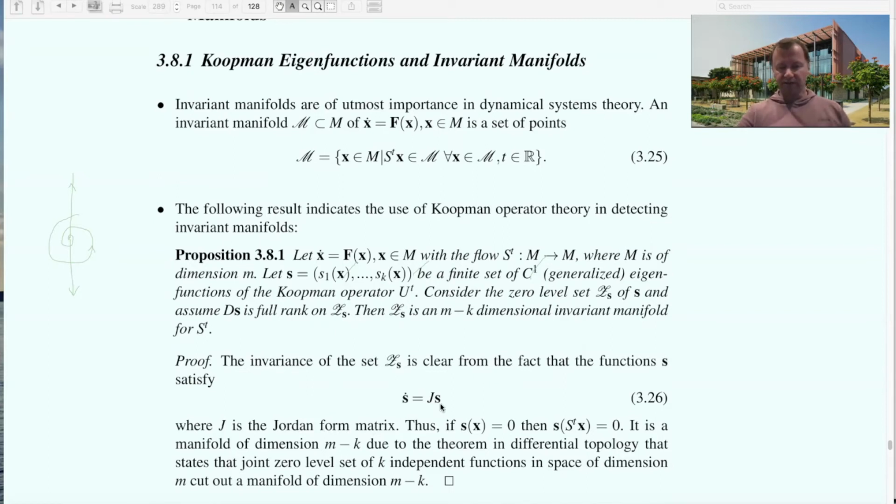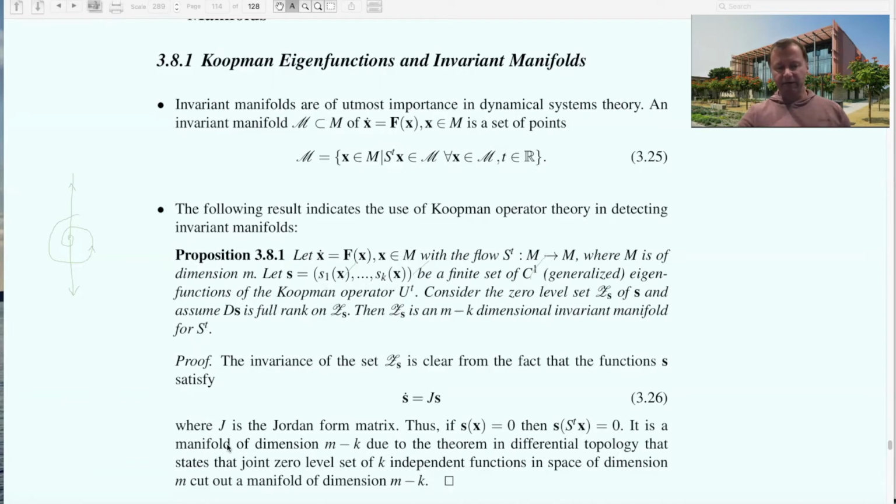The vector of generalized eigenfunctions always satisfies this equation. And so if S of x is equal to 0 initially, then S of S^t x is equal to 0 for all time t. Therefore, if you start on a zero level set, you stay on a zero level set. So the joint zero level set of these eigenfunctions is in fact an invariant set.